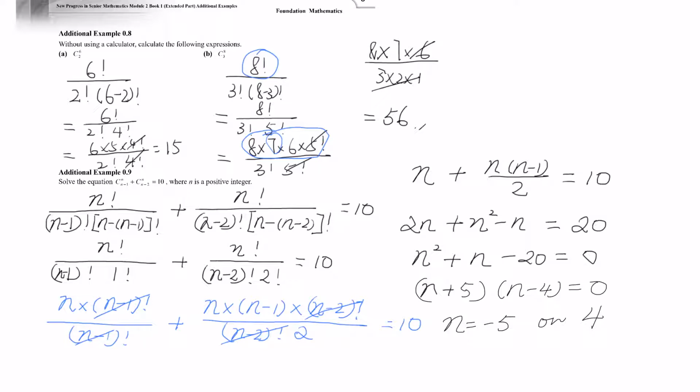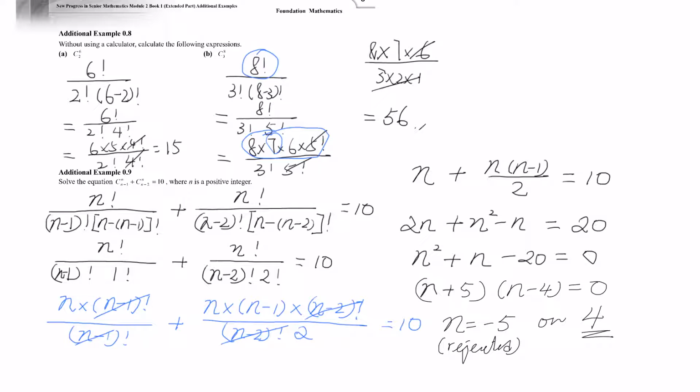But according to the meaning of nCr, which is the number of combinations when choosing objects, we cannot have a negative number of objects for selecting. Therefore this one is rejected, and we just get 4.